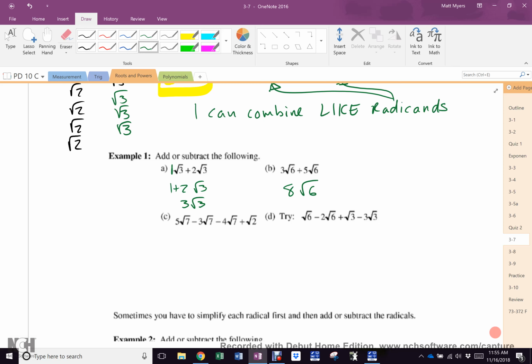There's a different radicand. What can I do with different radicands? Nothing. So what have I got here? Negative 2 root 7s plus root 2.